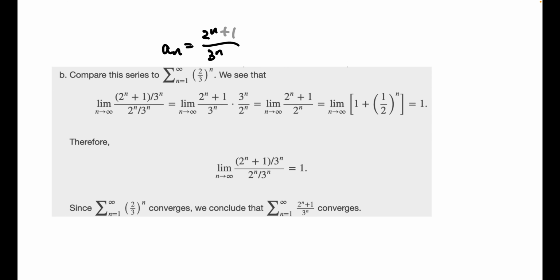I've written down the second term in the numerator in gray to say that it's lower order, so that if we were to ignore it, we would then have 2 to the n over 3 to the n, or 2 over 3 to the n.